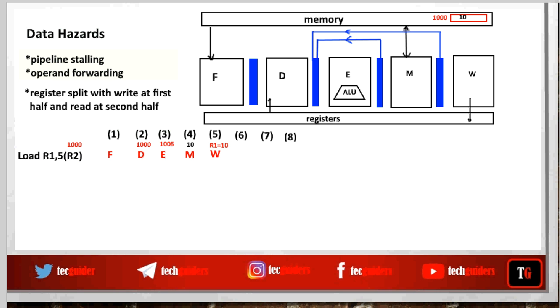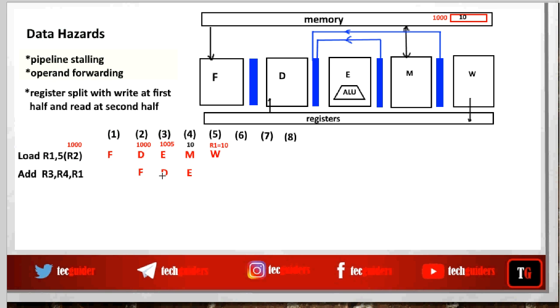Now suppose we have an arithmetic instruction, an add instruction, which is dependent on the data in the register R1. This instruction can be fetched in the second cycle, but in the third cycle, if we try to decode it, our required data is not yet written to the register R1. So here we are trying to access the data from the register, but it's not available within the register. Now, whether the data is available somewhere within the pipeline: this instruction needs this data for execution at least at the beginning of the execution stage, or at the end of the decode stage.